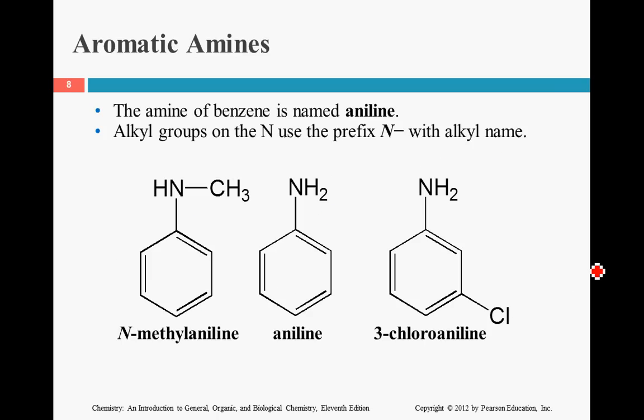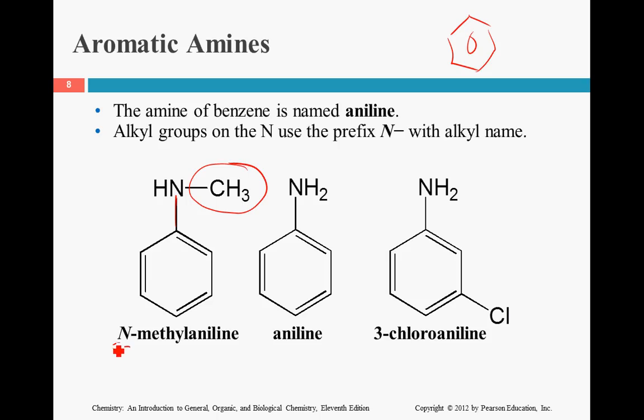Now we have aniline. Aniline is a benzene ring, which remember can be drawn like this, or with a hexagon with a circle in the center, and it has a nitrogen attached to it, where a hydrogen ordinarily would be. Notice on the first one, the substituent is on the nitrogen. It's not on the benzene ring.